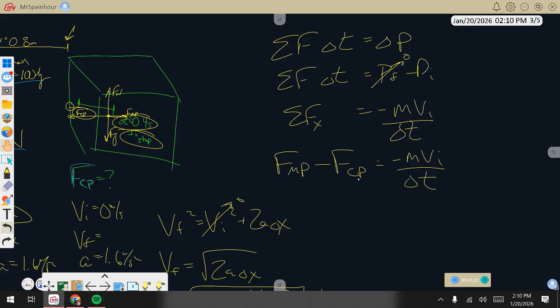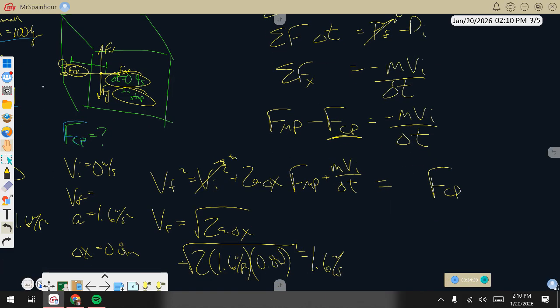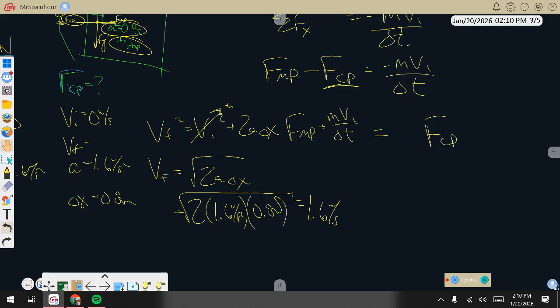We are just finding this guy right here, right? So to find that, I'm going to add it over here, and I'm going to add this at the same time. So I have force of muscles on person plus m v_i over delta t. What is the force of muscles on person from the very beginning? 160 newtons.